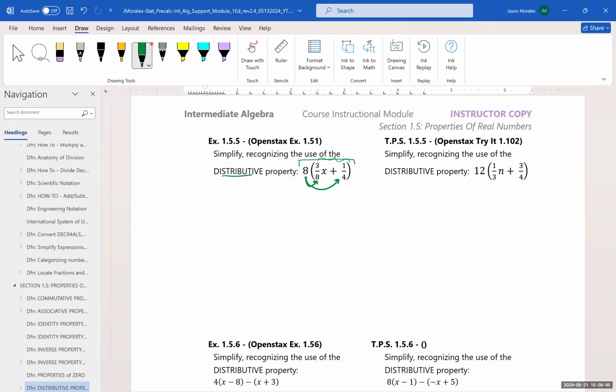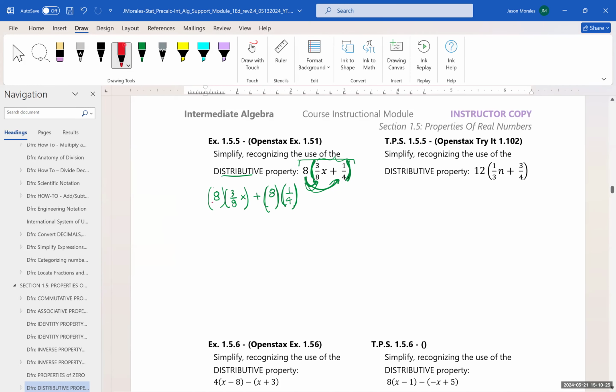So 8 times 3/8 x, plus 8 times 1/4. And now with that distributive property done, these parentheses are gone.